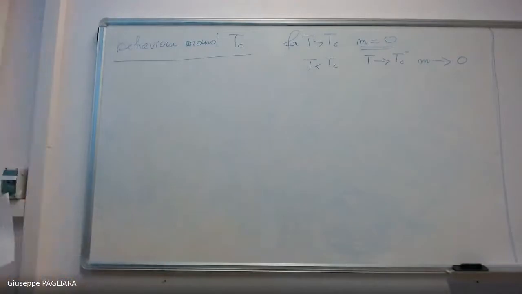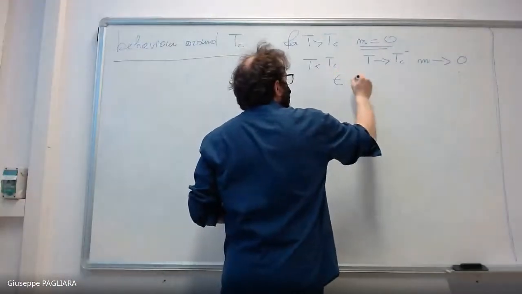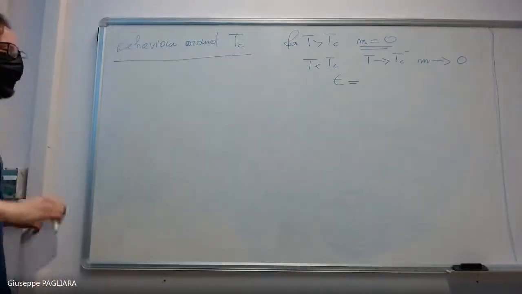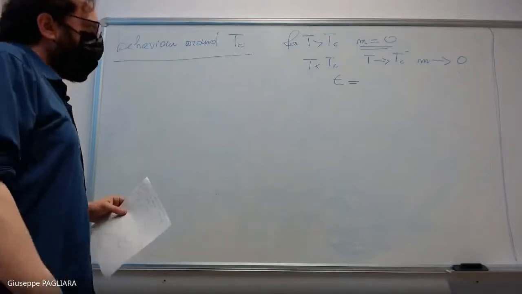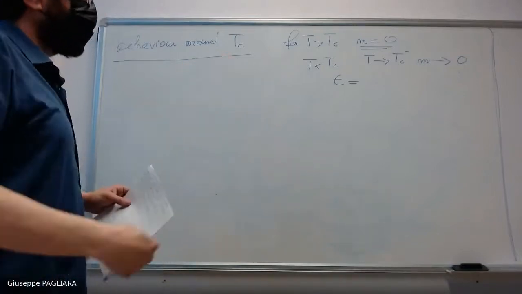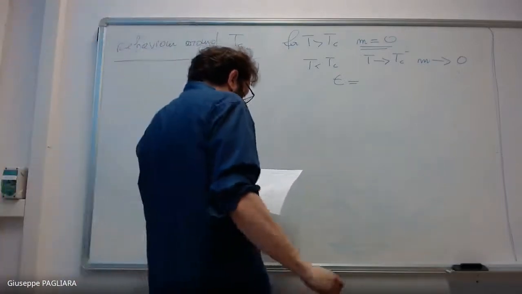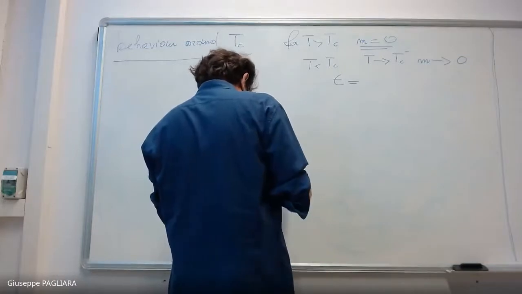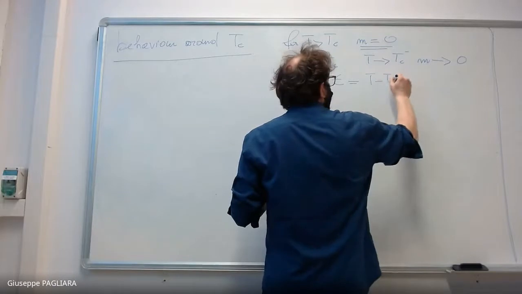Okay. Let's also introduce this quantity that is usually used in the literature, which is t, the variation, how far we are from the critical temperature, and this quantity is defined as t equal to (T minus Tc) divided by Tc. So let's introduce this quantity that will be useful in a moment.